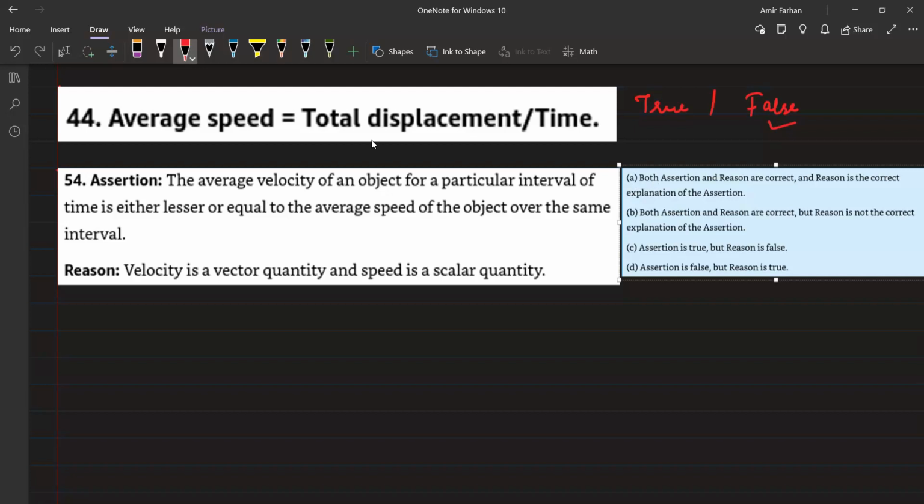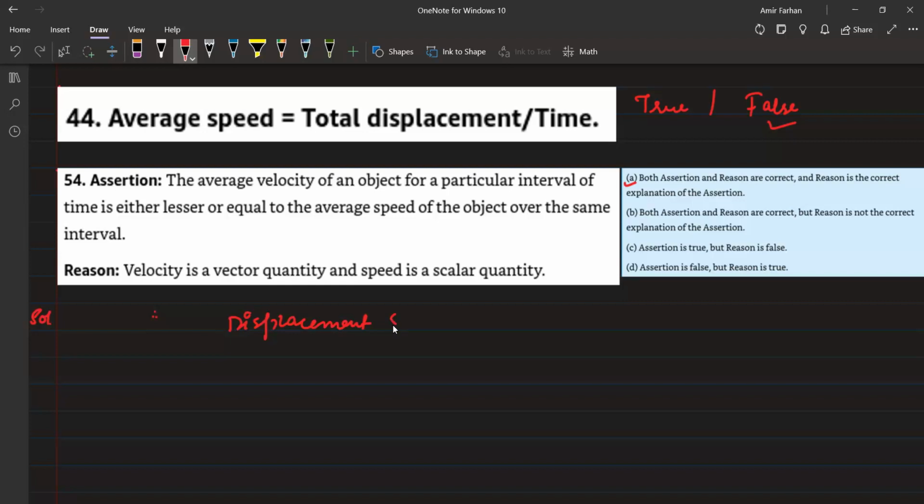What happened? I don't understand the assumption. Okay, let me tell you one thing. The explanation is that displacement is less than or equal to distance, yes or no?